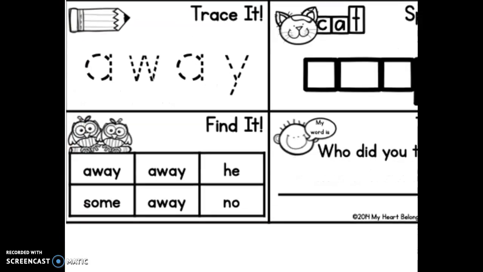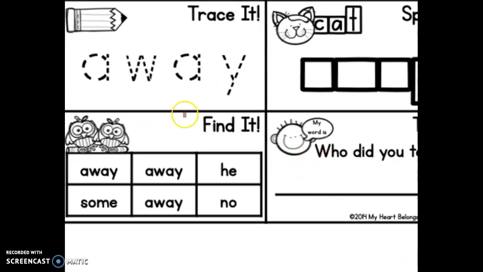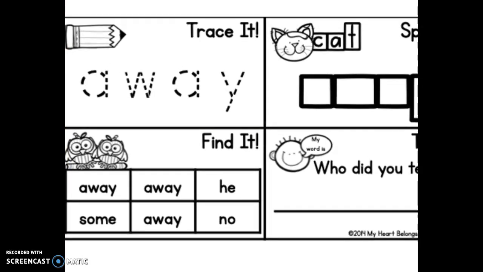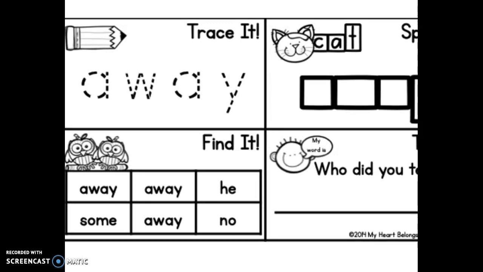Alrighty, our next spot here. Let me get our screen set up. Hold on one second, guys. Okay, so in the next box here, we need to trace the word away.